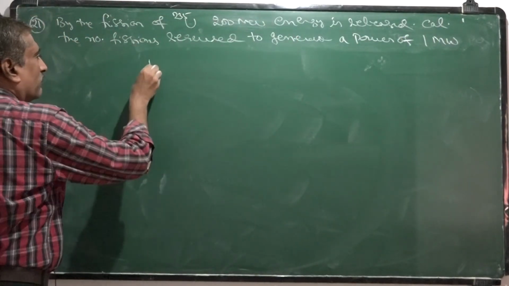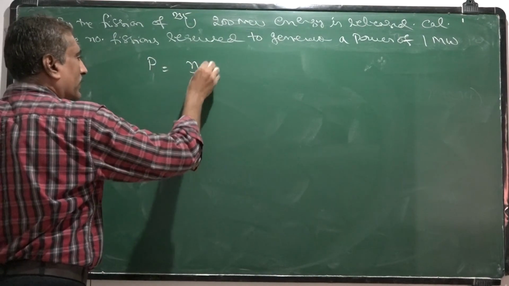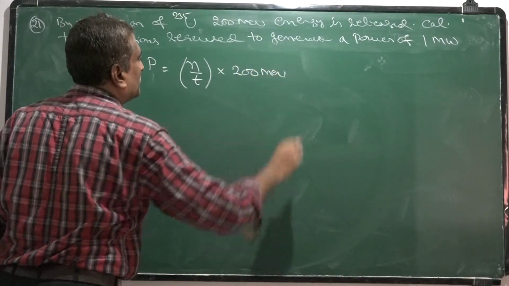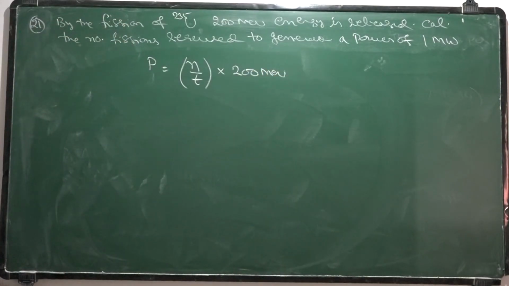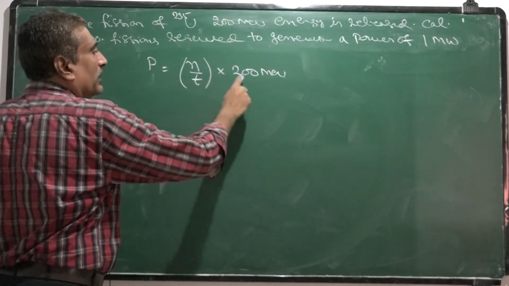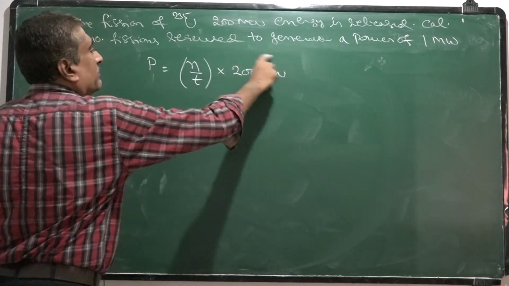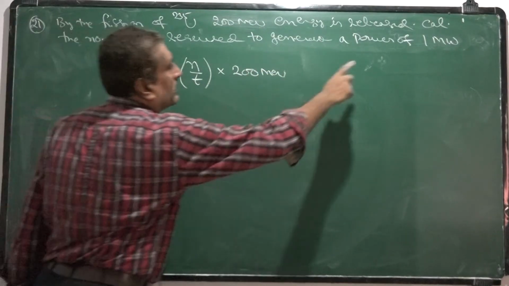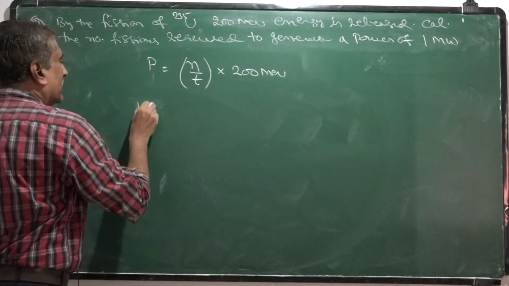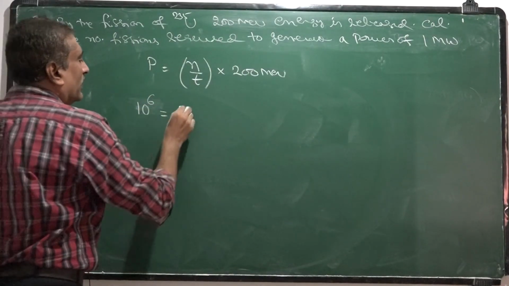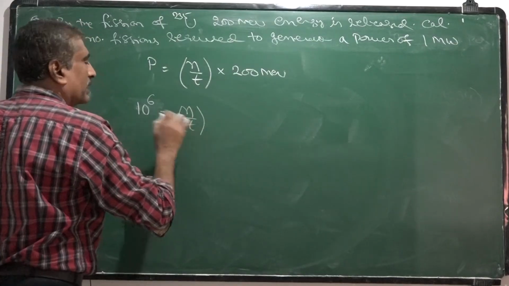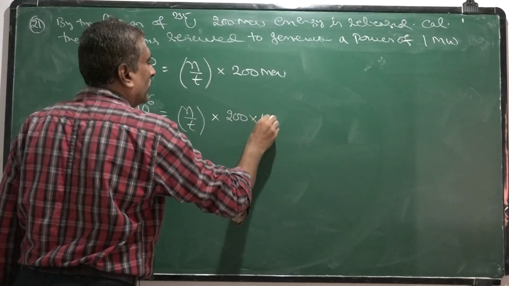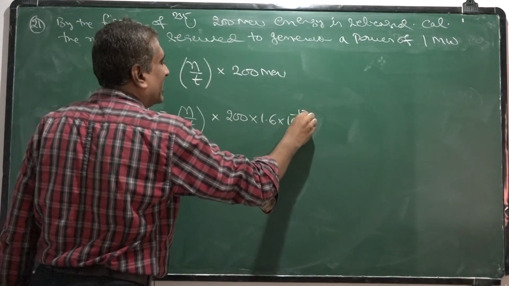So actually power is equal to number of fissions per unit time, that is N by T, into 200. Okay. Number of fissions per unit time into energy for each fission. So from this we can directly calculate. So P is equal to, power is given as 1 megawatt. That means 10 power 6 watt is equal to N by T, that is number of fissions per second, into 200 into 1.6 into 10 power minus 13 joule.